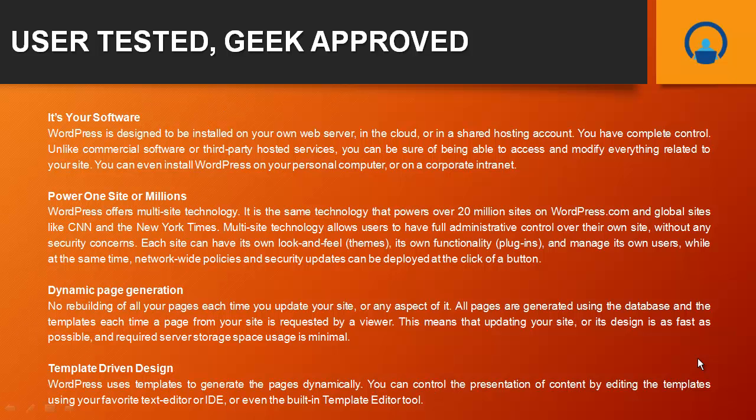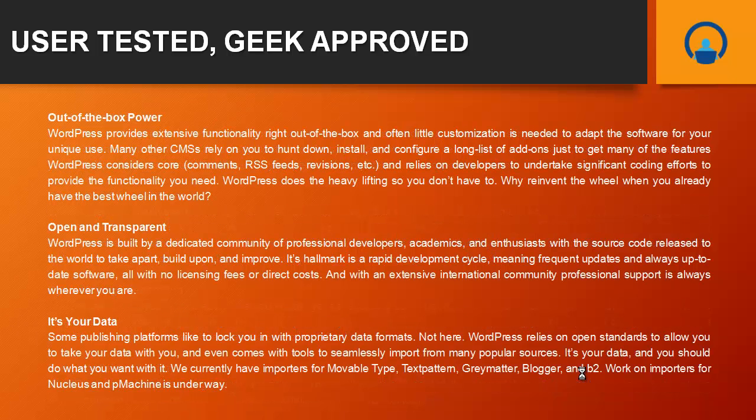Many of the CMSs rely on you to hunt down, install and configure a long list of add-ons just to get many of the features WordPress considers core: comments, RSS feeds, revisions, etc., and rely on developers to undertake significant coding efforts to provide the functionality you need. WordPress does the heavy lifting so you don't have to. Why reinvent the wheel when you already have the best wheel in the world?